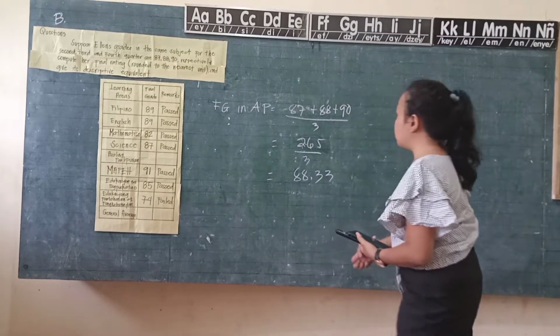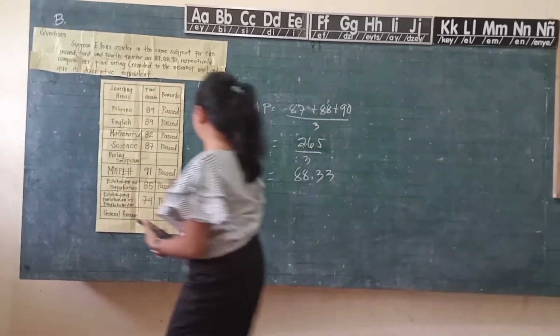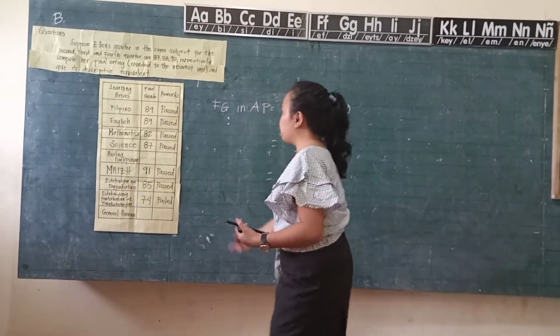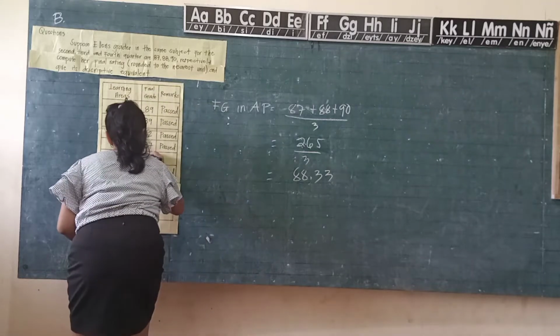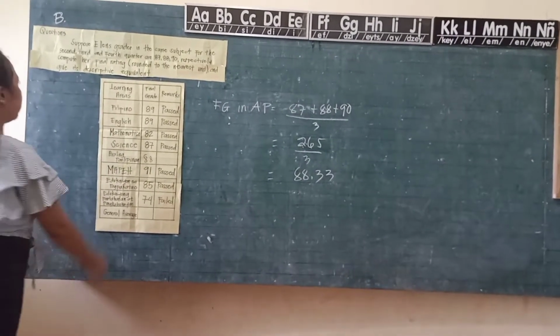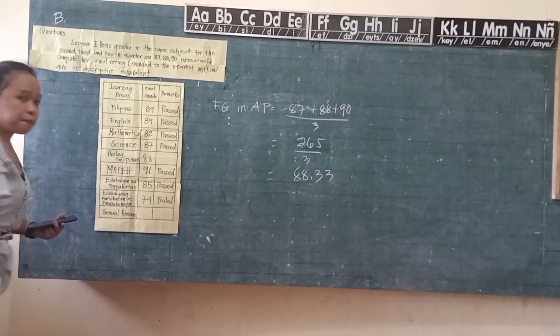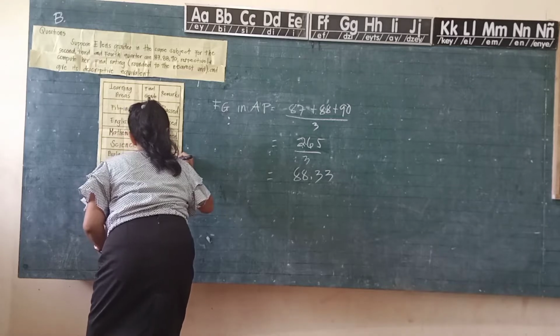And we are going to round it to the nearest unit. So the final grade of Ellen in Araling Panlipunan is 88. And the descriptive equivalent of 88 is pass.